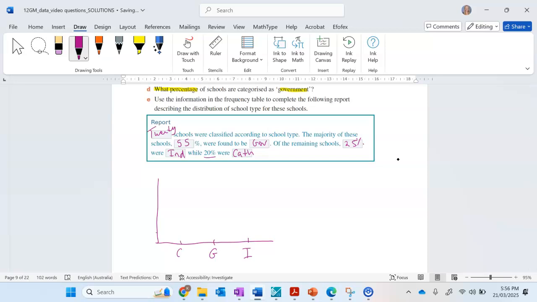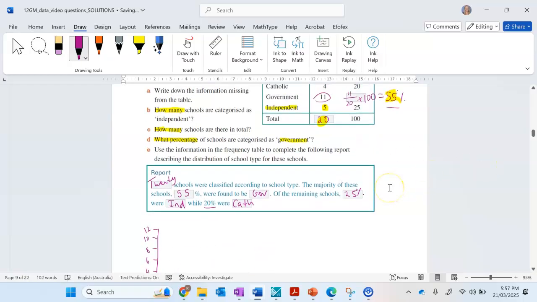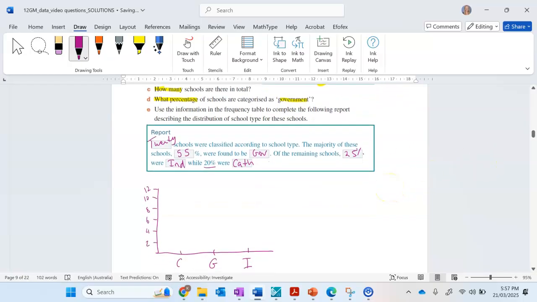So let's go 2, 4, 6, 8, 10, 12. So Catholic was 4, government 11, and then 5.